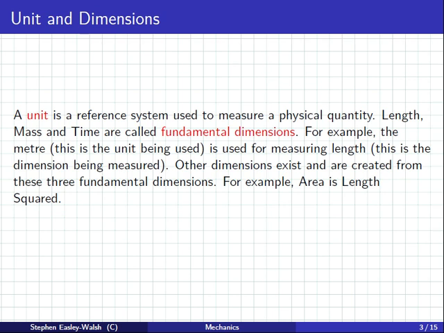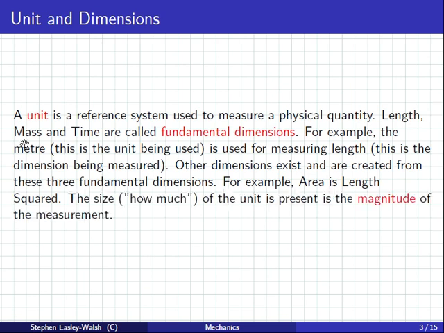So, speed's dimension is length over time. Area is length squared. What about volume? Length cubed. Yeah? Well, that's the main ones.